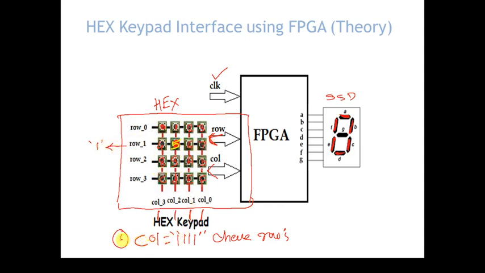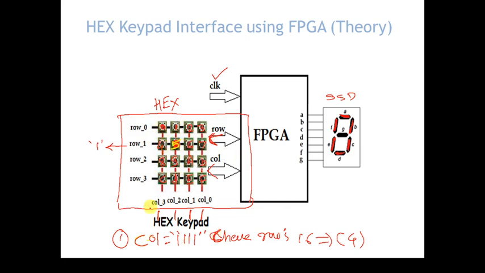So in the first stage, if the column value is all ones, we can check the rows and see which row becomes 1. That means out of 16 keys we can find the minimum 4 keys. Out of these 4 rows, we know this row is 1, so one of these 4 keys is pressed.